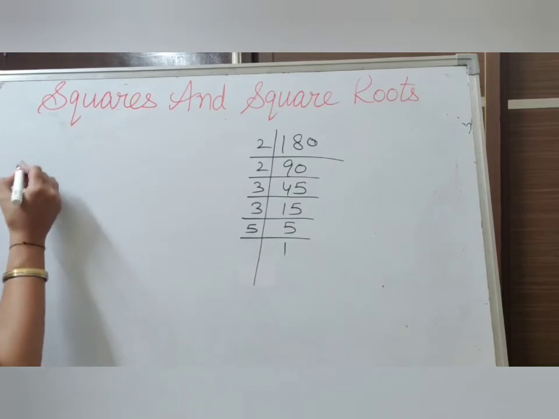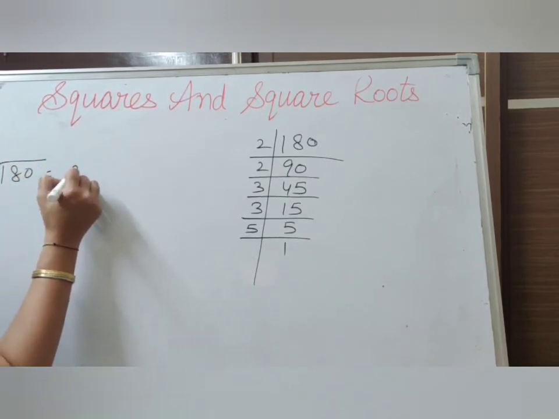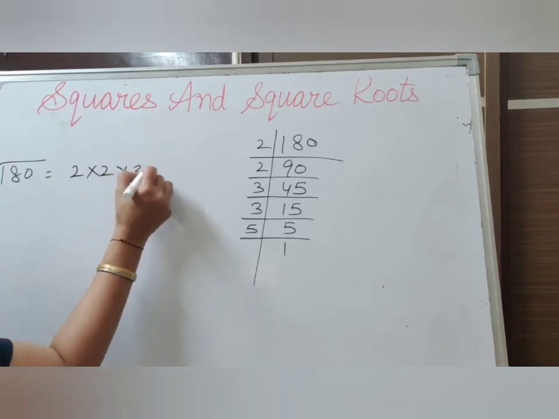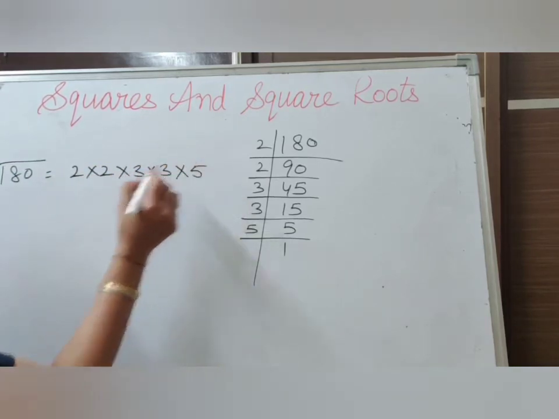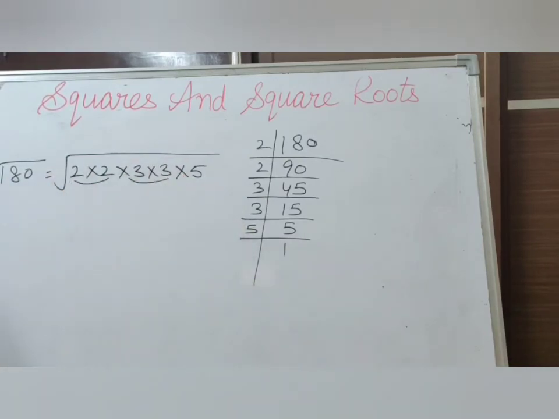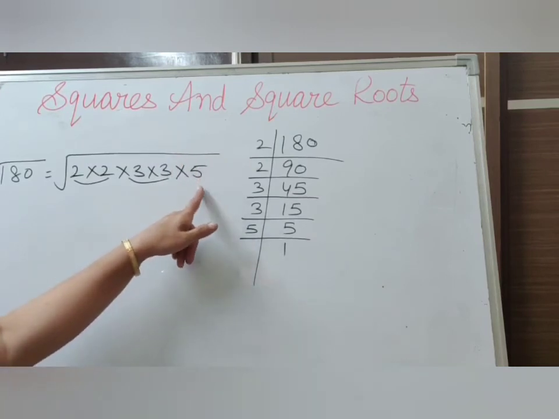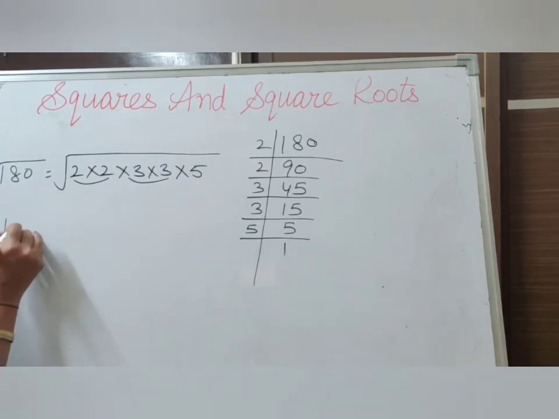So again we will write the factors of 180. After getting the pairs we can see 5 is left. So we have to remove this 5. For removing this 5 we will divide the given number by 5.